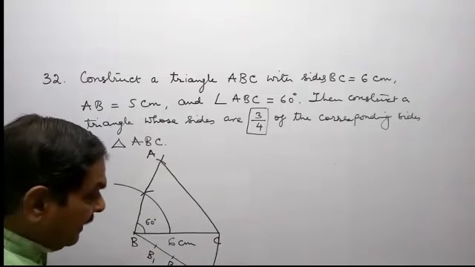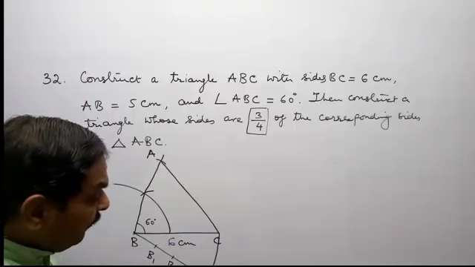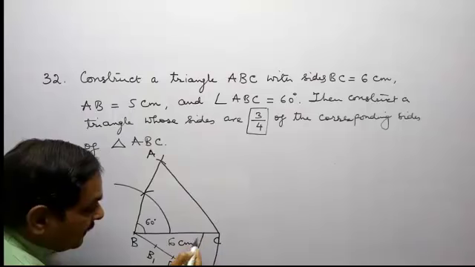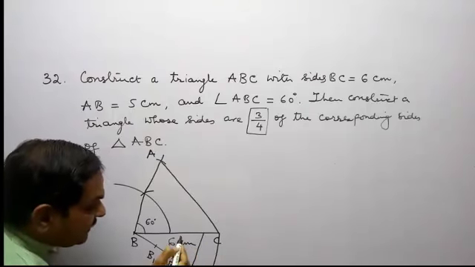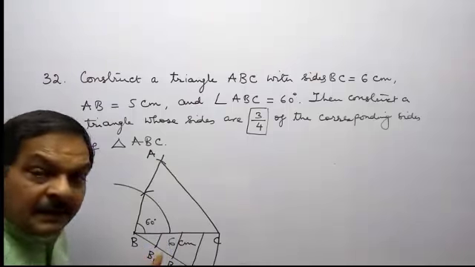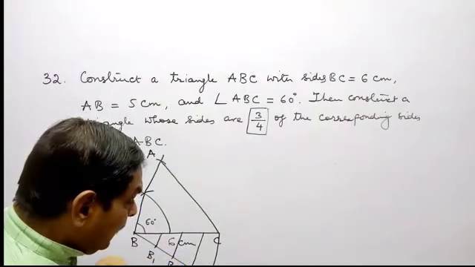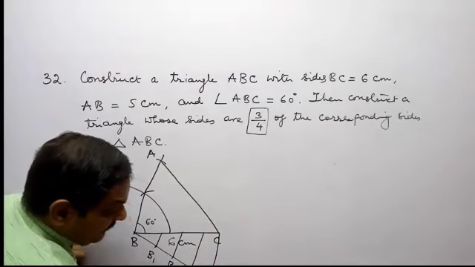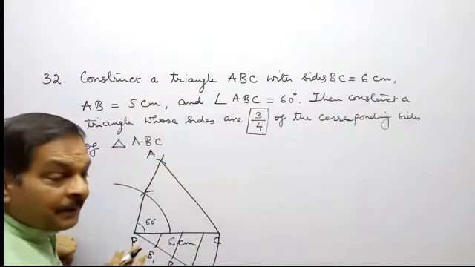and we will make lines parallel to B4C from B3 like this, from B2 like this and B1 like this. We can make use of a set square, otherwise we can draw these parallel lines using a compass also.